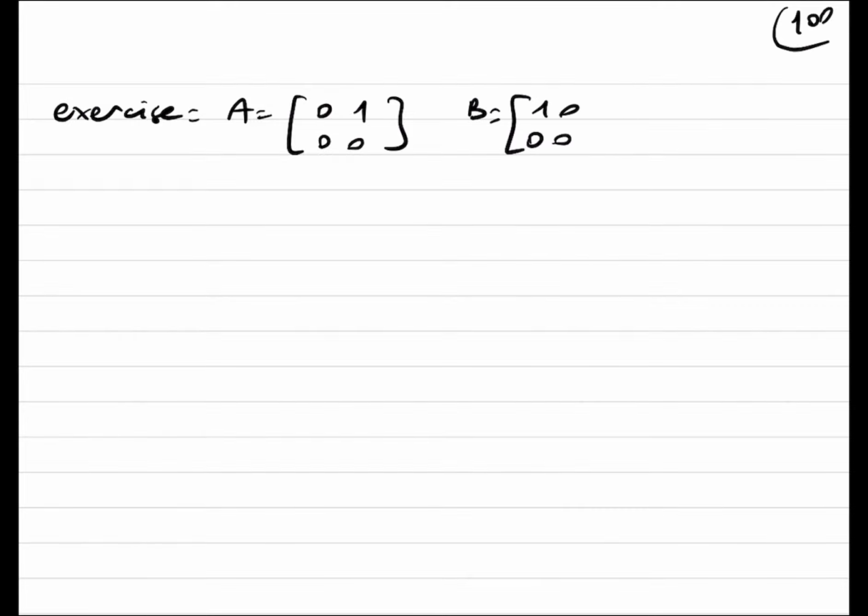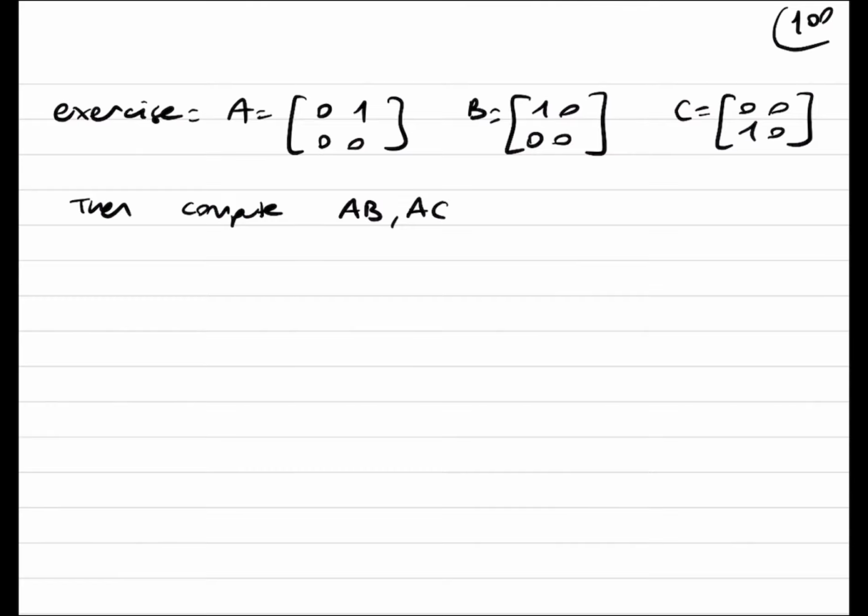Okay, let me give an exercise. If A is 0, 1, 0, 0, and B is 1, 0, 0, 0, and C is 0, 0, 0, 0, then compute AB, AC, BC, and compute A plus 2B minus B plus C. And here is the answer for this one.